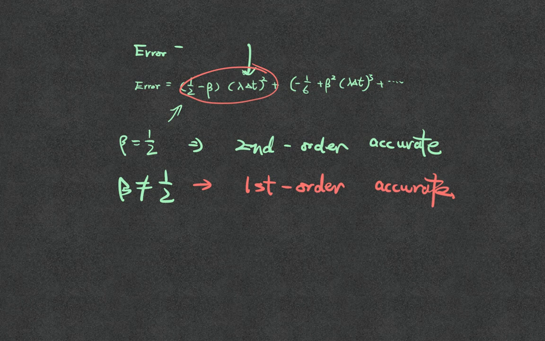So let me ask you the question. Do you want first order accurate, or do you want second order accurate? You always want second order, right? Do you? Okay, but why? In that case, why would you use the first order? Of course, in terms of accuracy, I will always want it to be the most accurate one. I will always pick the most accurate one, right?